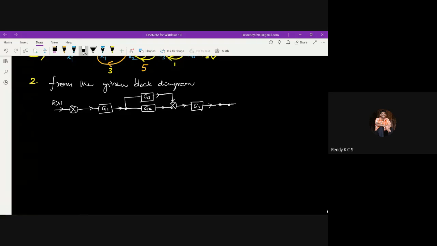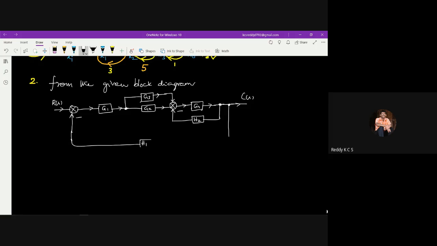Right, so this is C of S. Then from this takeoff signal, we have feedback of H2 with a negative, that is negative feedback. And one more from this, you have negative feedback with the value H1.